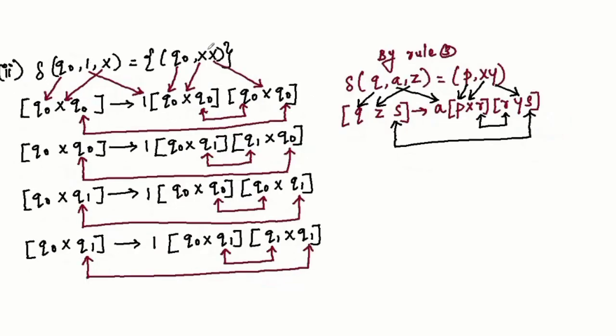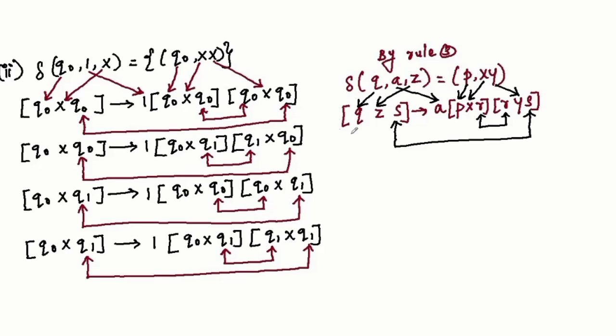In the second transition function, delta of (Q0, 1, X) equal to (Q0, XX). In the given PDA, we have two stack symbols XX, which means there are 2 into 2, 4 possible combinations for stack symbol transition. We have to write 4 lines. Two stack symbols means we have to use rule number 3: delta of (q, a, Z) equal to (p, XY).